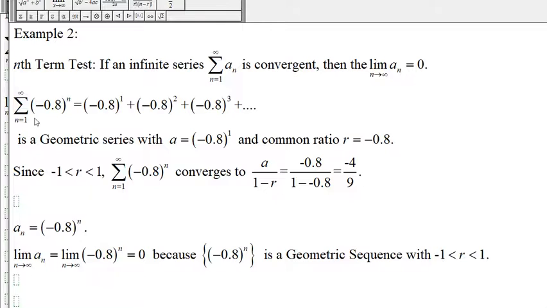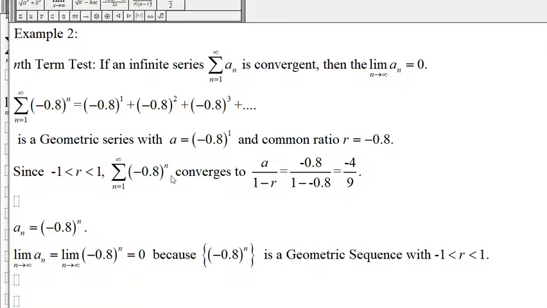And here's another example. Here we have the geometric series of -0.8 to the n. A, the first term, is -0.8 to the first. The common ratio is -0.8. This is a geometric series, and r is between -1 and 1.